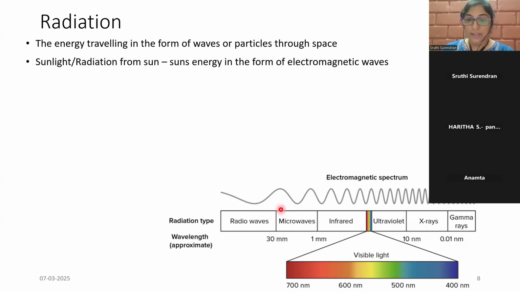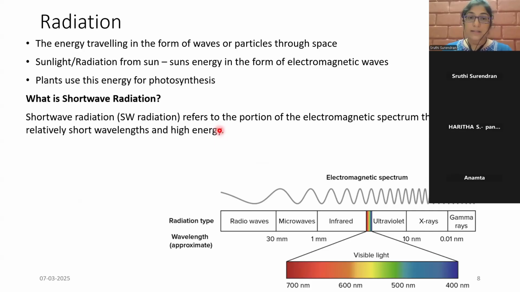So you can see that the far infrared, microwaves and radio waves are long wavelength, while the starting ones have short wavelengths because the value of the wavelength is smaller.